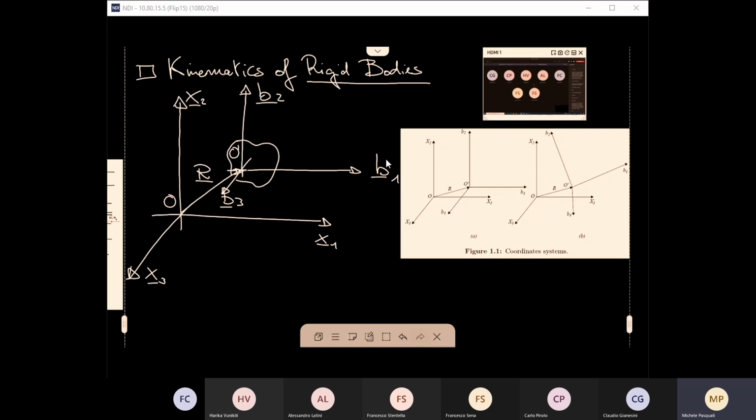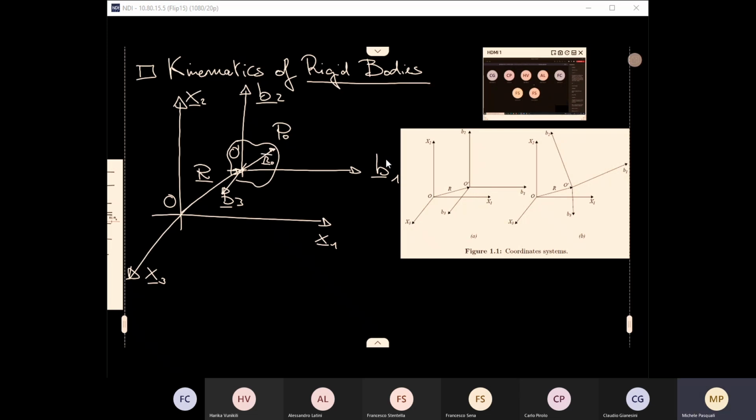So if we consider a point P0 in the rigid body, you see there is no underscore here because it's just a point, we typically describe its position with a vector which goes from O prime to P0, which is called R0, a vector with an overbar.